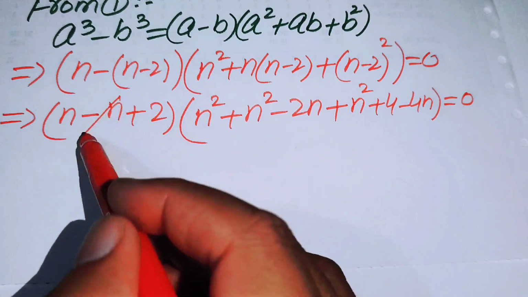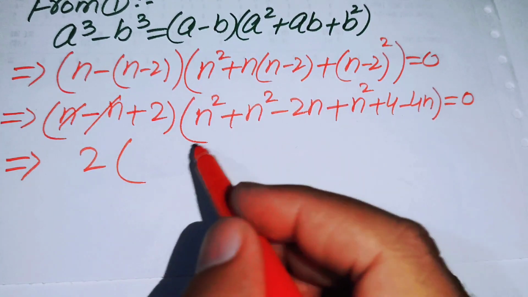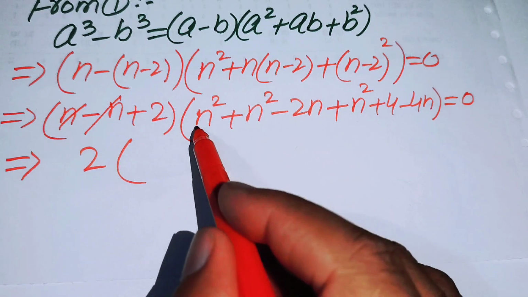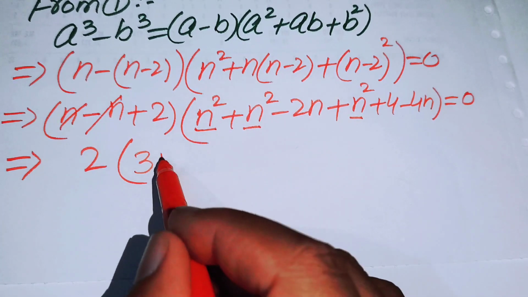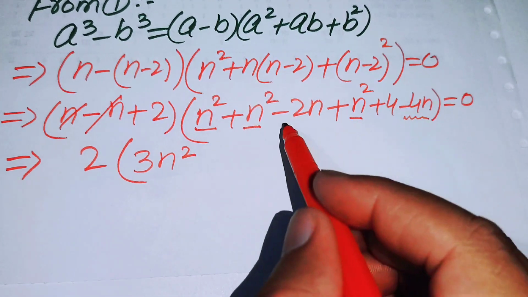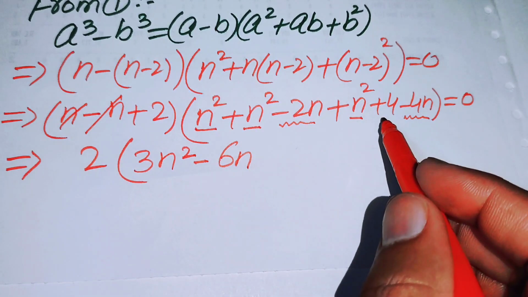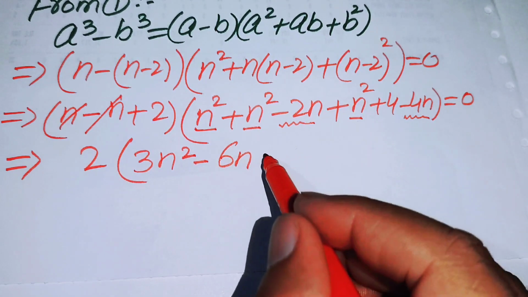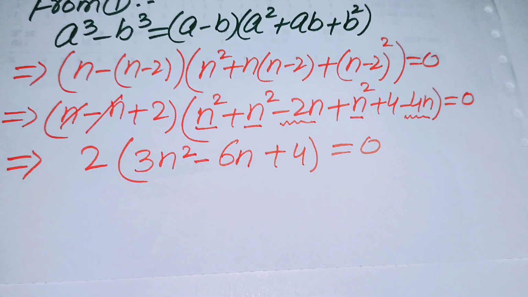And now you can see that these n are cancelled by each other, and here you get 2 times of, here we have n squared plus n squared plus n squared, and it is equal to 3 times n squared, and here we have minus 4n and minus 2n, it is equal to minus 6n, and this is plus 4, and this whole equation is equal to 0.